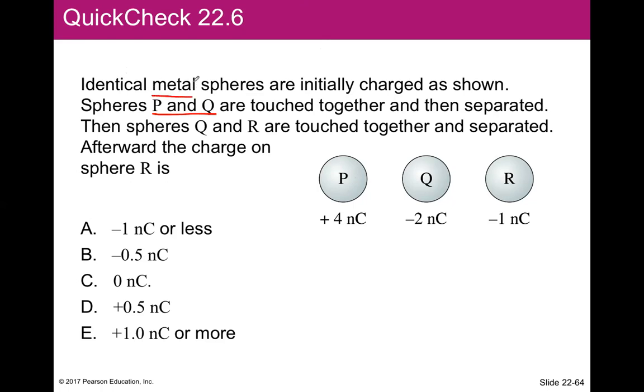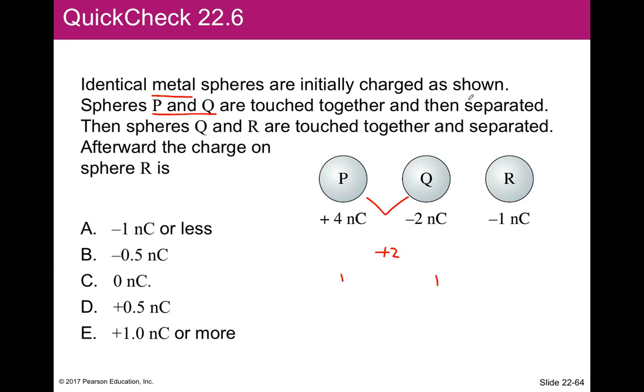Metal have free charges. So if you touch P and Q, what happens? The charge is redistributed and the net charge for the whole system of P and Q should be 2. And the charges should be evenly distributed to those two spheres. So totally you get +2, and each of them has +1. +1 here and +1 there.